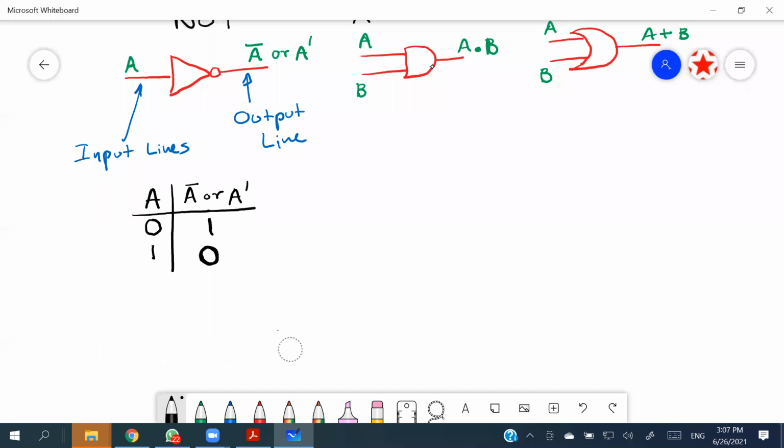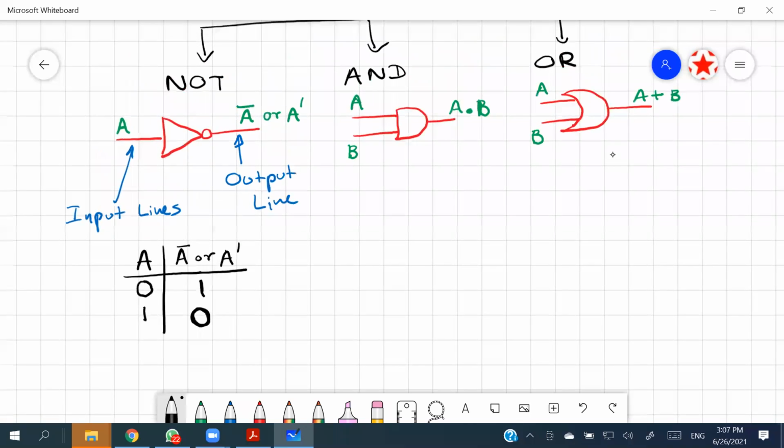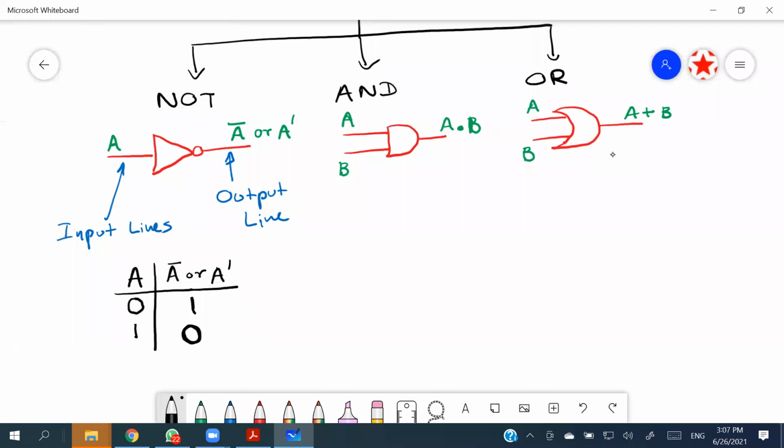Right. Then let's talk about the AND gate. Now, the AND gate has two inputs, so I need two columns as my inputs, right? I may name these.